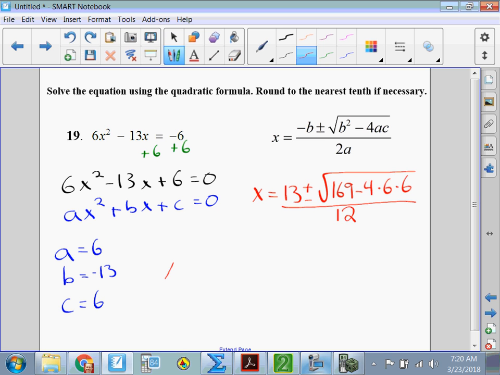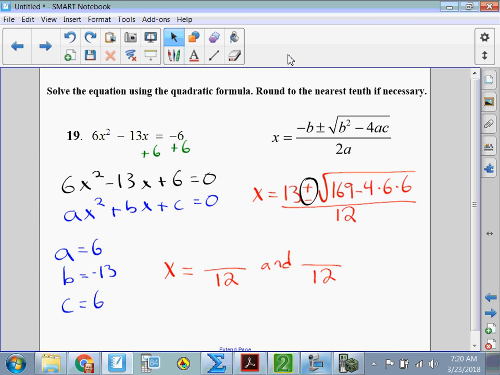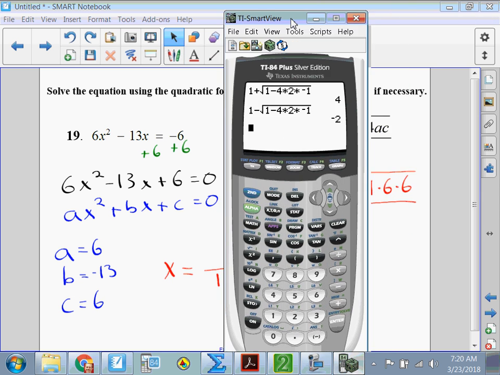So I'm going to get x equals something over 12 and something over 12. I'm getting both of those because we have a plus and minus. So 13 plus the square root gives me a number, and then 13 minus the square root gives me a number. I'm going to use my calculator for that.